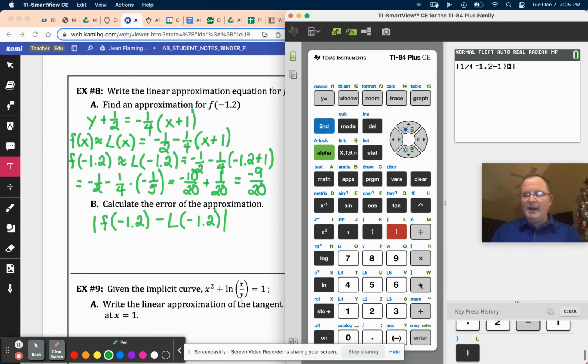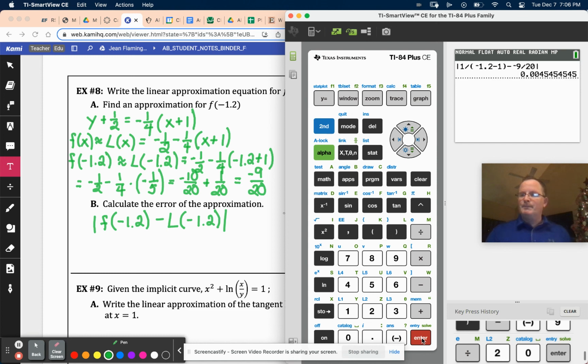Okay. And then minus L of negative 1.2, which we just found to be negative 9/20. So that's going to be minus a negative 9/20. And then there we are.